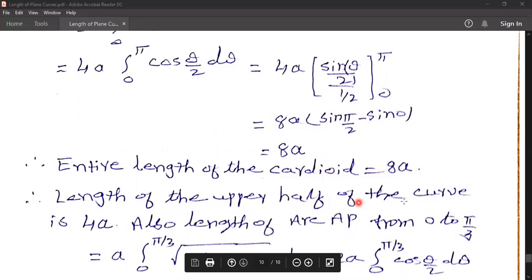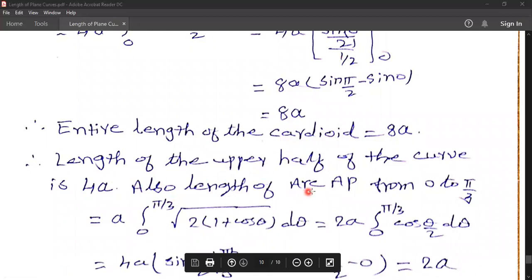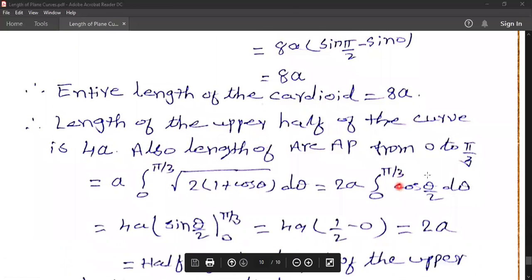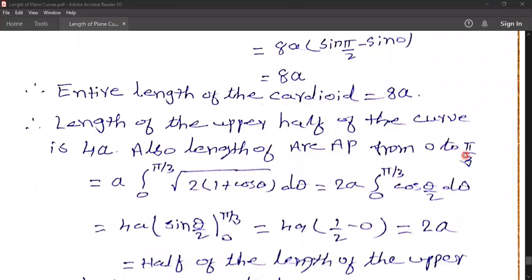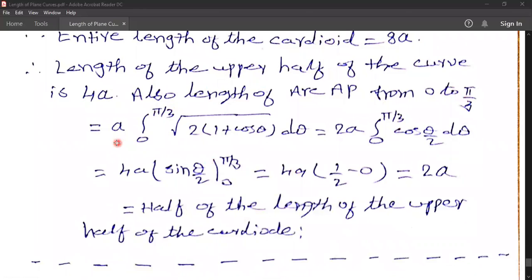Then the length of the upper half of the curve, that is half of this, is equal to 4a. Also, the length of arc AP from 0 to pi by 3, that is 60 degrees, is equal to a integral from 0 to pi by 3 of the square root of 2 into (1 plus cos theta) into d theta, which is equal to 2a.